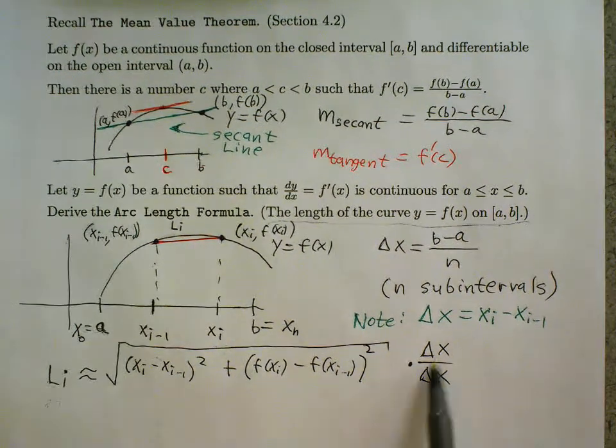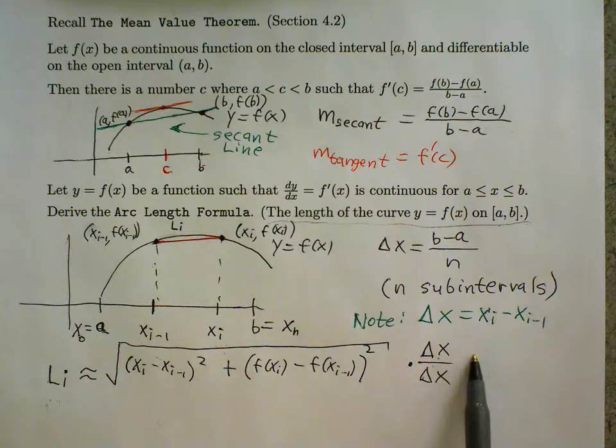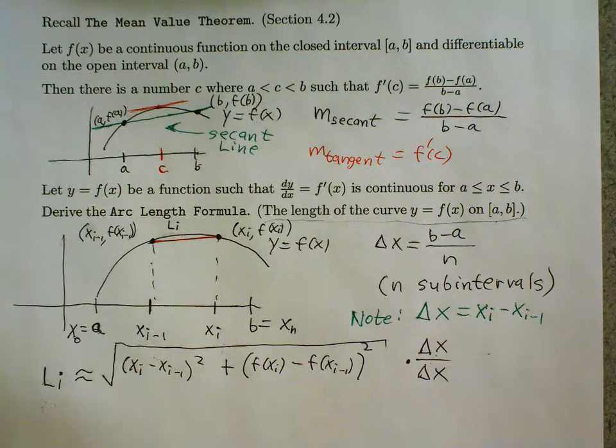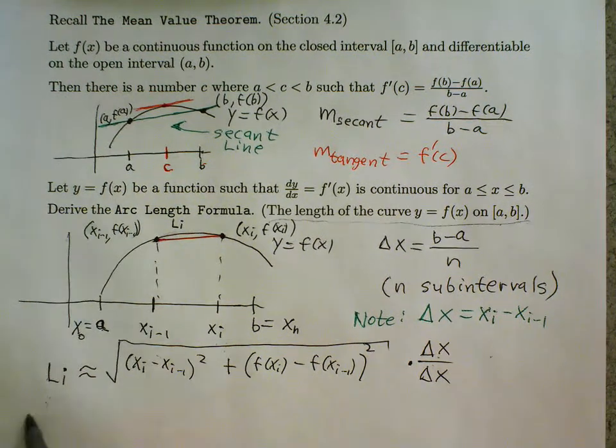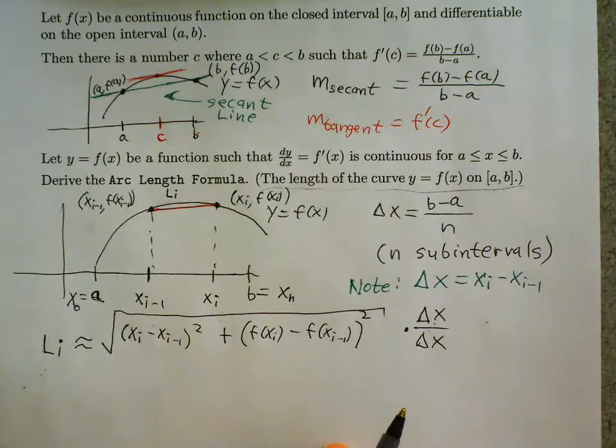Okay, the delta x in the numerator, we're going to keep on the outside of the square root. But when we put delta x on the inside, we change it to the quantity delta x squared, since it's inside the square root. So I'll do that in this next step.